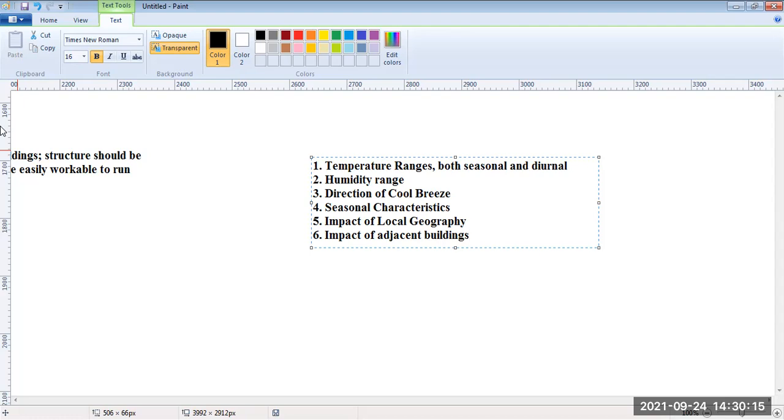So orientation of our house is actually based on the passive heating from the sun.